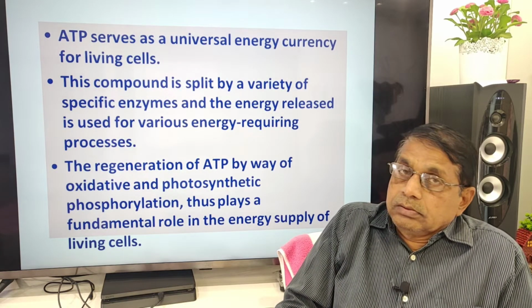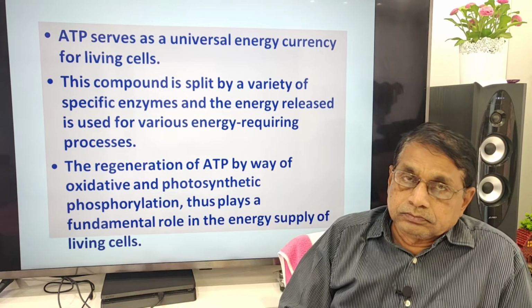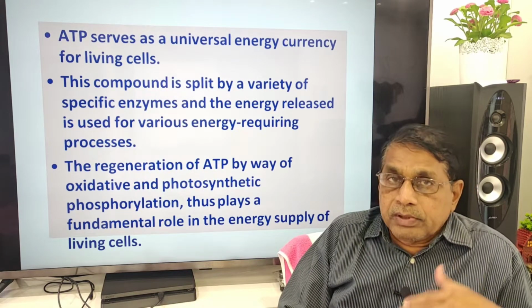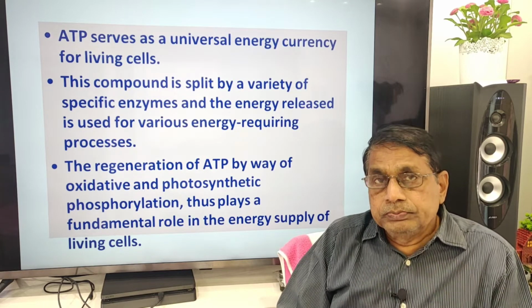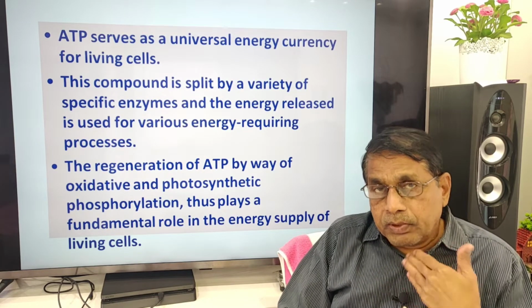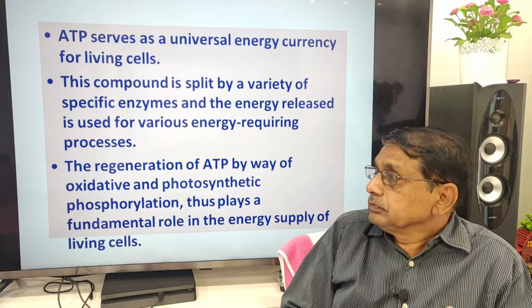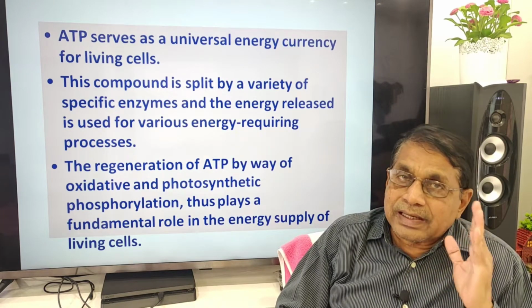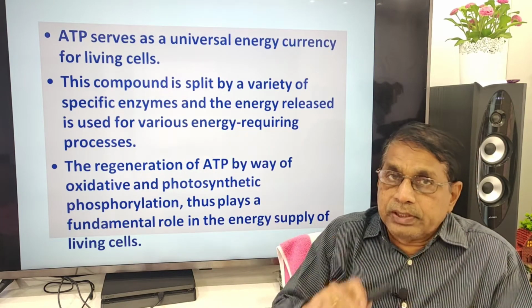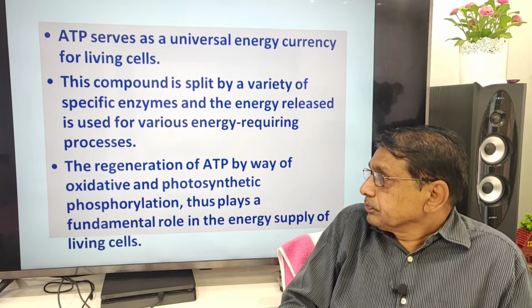ATP importance: ATP is energy rich, a temporary energy storer. It can be transferred to any process, transported to any place, synthesized through specific enzymes, and split by specific enzymes.